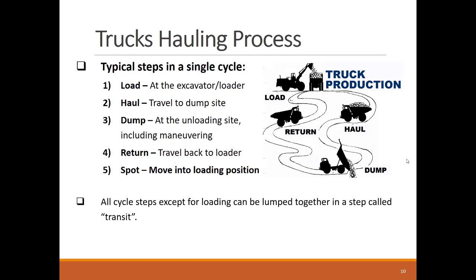If the loading happens in an open area with very smooth maneuvering for the trucks, the spot time can be ignored. Now, estimating the whole production will require estimating each of these 5 cycle steps. The dumping and spot times are arbitrary values that are assumed by the estimator depending on the site conditions. Let's see how the load, haul, and return times can be estimated.